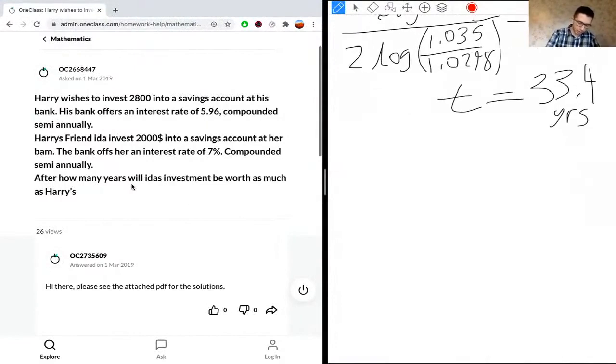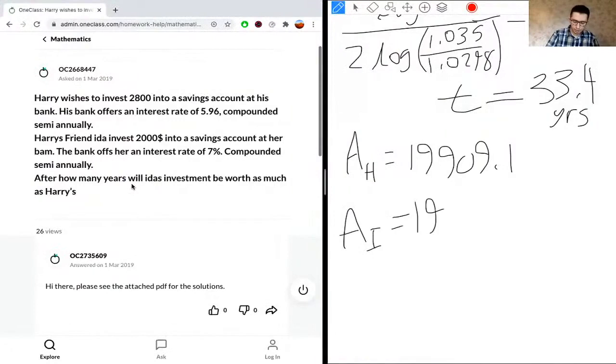If you plug it into your calculator, you'll get AH will equal 19909.1, and AI equals 19908.8.